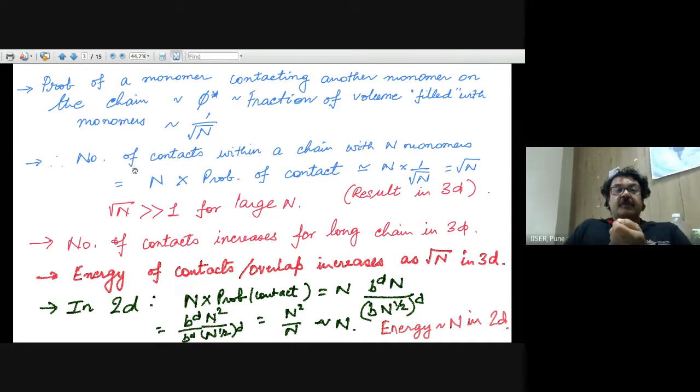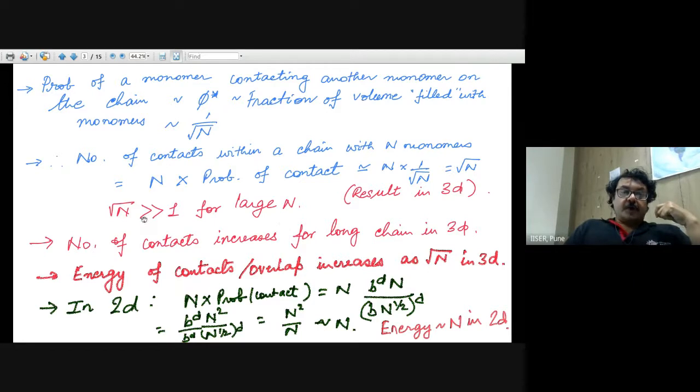The number of contacts within a single polymer chain with n monomers is n into the probability of contact, n into 1 by root n, and that goes as root n, and root n is in the numerator, right?